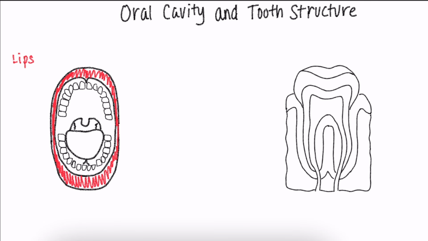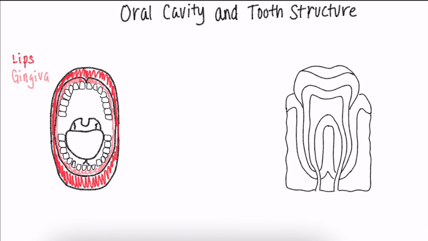And then we can make the gum line kind of a softer red, almost like a pink. So this is also called the gingiva. So we'll call that the gingiva.